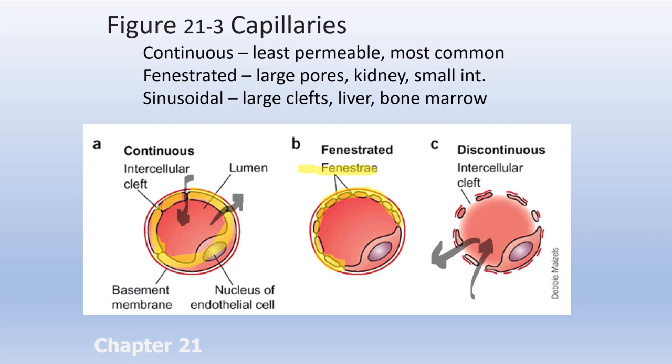In fact, these are so big that white blood cells can leave between these clefts in between the cells. And so these are called sinusoidal. Sometimes other books call them discontinuous. I like sinusoidal. Think about the bone marrow. Its purpose is to make red and white blood cells, among other things. And those white blood cells are pretty big. They have to be able to leave or enter the capillaries of the bone marrow.